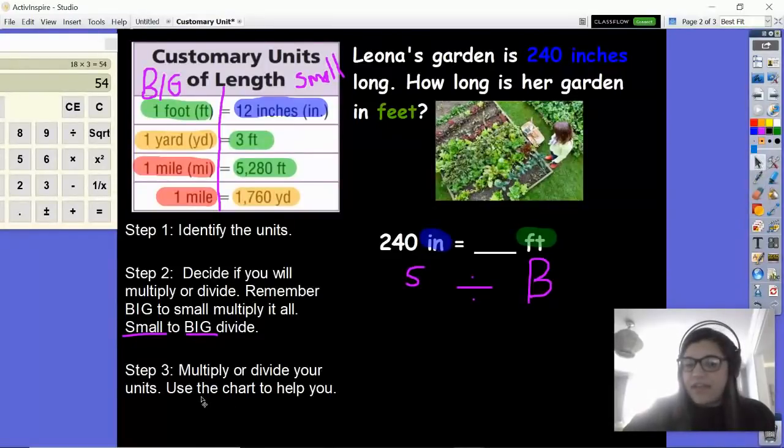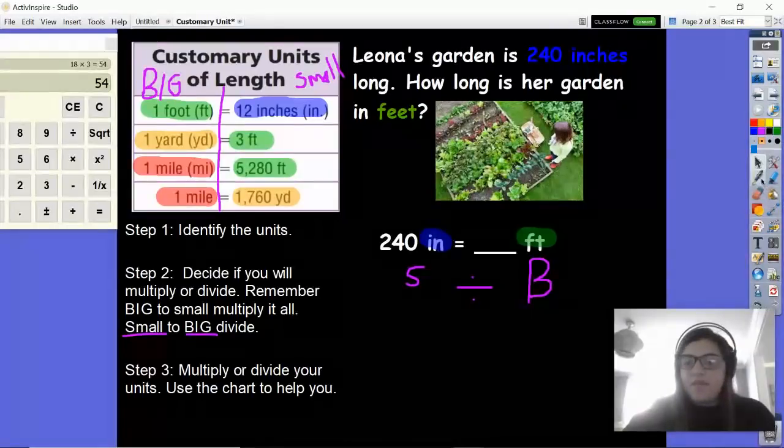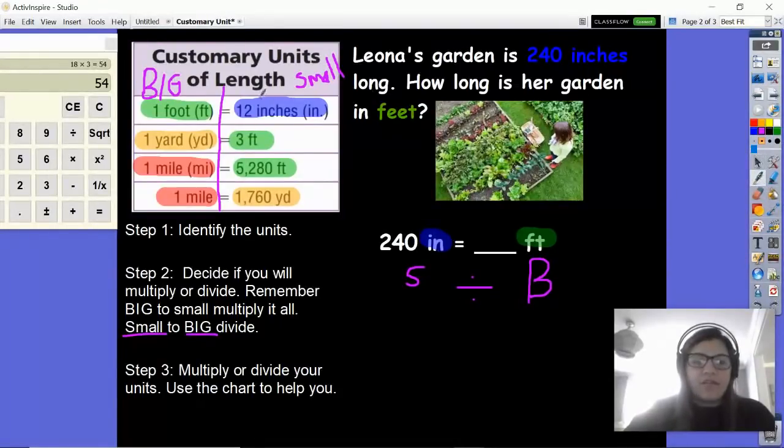So step 3 tells us multiply or divide your units. Use the chart to help you. Since we know we're going to be dividing, we're going to come back up and look at our chart. 1 foot is equal to 12 inches. If you remember, I said that whenever we multiply or divide, we're always going to use the number that's on the small side.